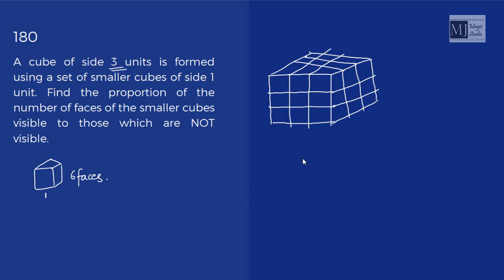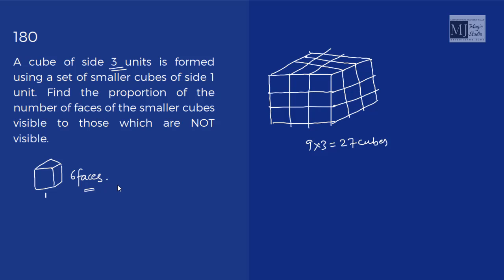So actually I need 9 into 3, that is 27 cubes of size 1 unit each to make this 3 units big cube, isn't it? Now, each small cube has got 6 faces.